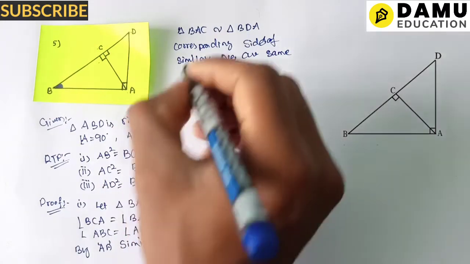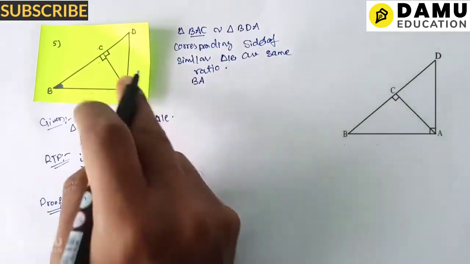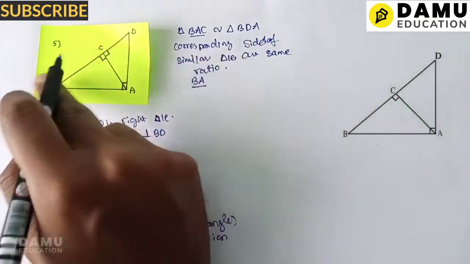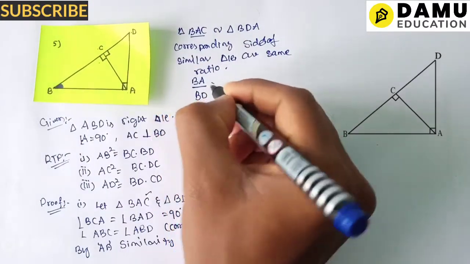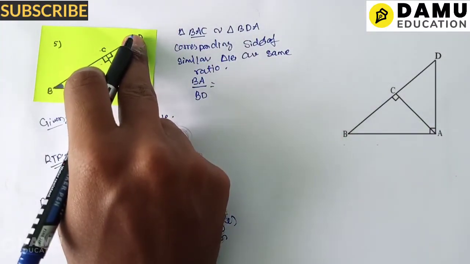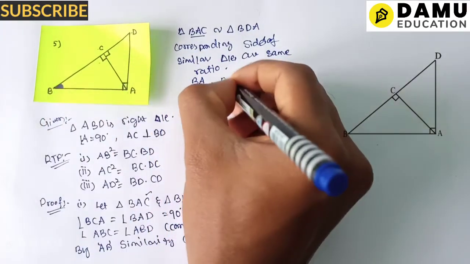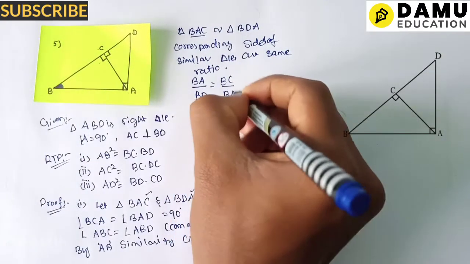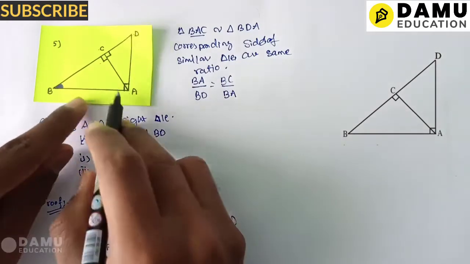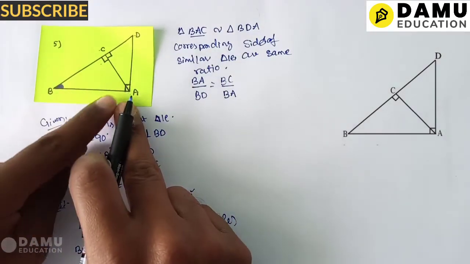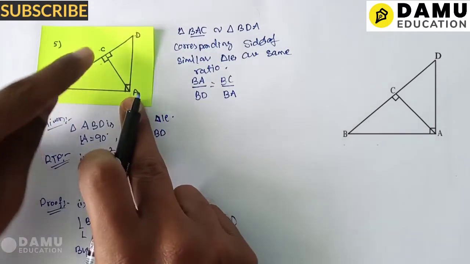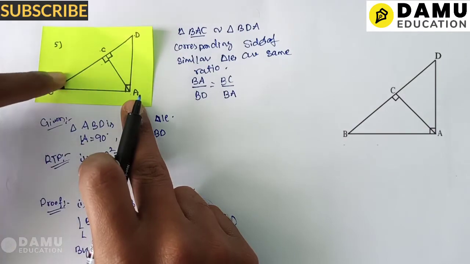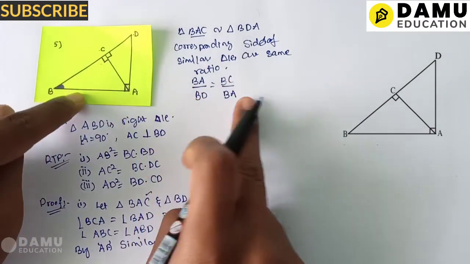So let's consider BA. In this triangle BA is the hypotenuse, divided by BD, the hypotenuse of the other triangle, equals BC, the base, divided by BA, the base of the other. In triangle ABC we have taken the hypotenuse, and in triangle ABD we have taken the hypotenuse. Next, in triangle ABC we have taken the base BC, and in triangle ADB the base BA.